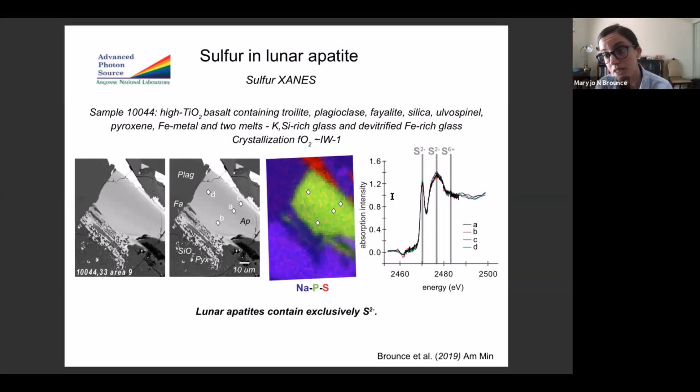So they are able to contain hundreds of ppm sulfur by virtue of incorporation of sulfide into the apatite structure at the very low fO2s expected for the crystallization of these rocks. That was really exciting because it's a first, which is always fun. This is a first demonstration in the natural rock record of sulfide-only bearing apatites, and it confirms hypotheses put forth by Brian Konecke and others working around him that this is possible.